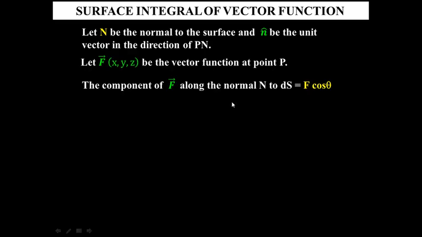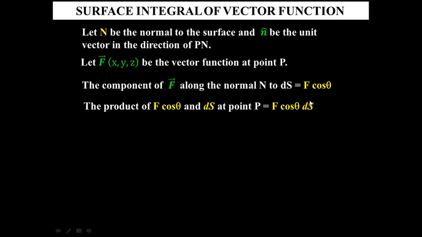Now we consider the product of this component f cos theta with the small area element dS. So the product of f cos theta and dS at point P is f cos theta dS, which can be written as f dS cos theta.